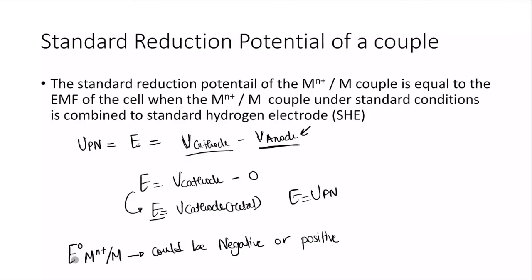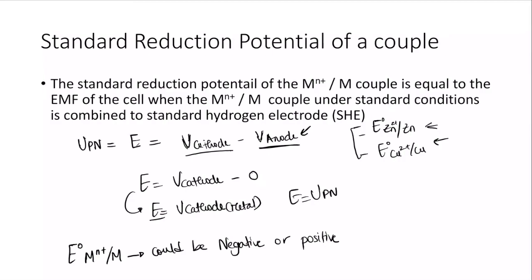We can calculate the reduction potential of any metal, and then we can use that if I have two metals without the SHE. For example, I calculated the E node for Zn2+ and Zn, and then I calculated through this method the reduction potential for Cu2+ and Cu. I have now these two reduction potentials, right?